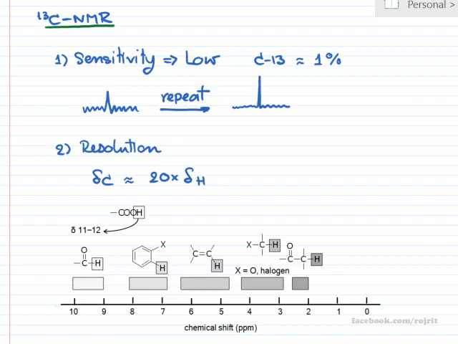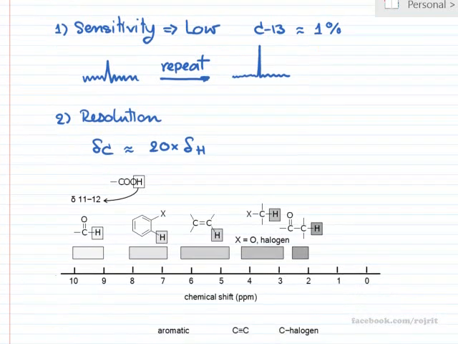Such as an sp3 carbon connecting with hydrogen, which appears at about 1 ppm, and at the other end, a carboxylic acid, which appears at about 10 something, 11 or 12 ppm. So the window is just 10 to 12 ppm wide. But for carbon-13 NMR, it's about 20 times that, right?